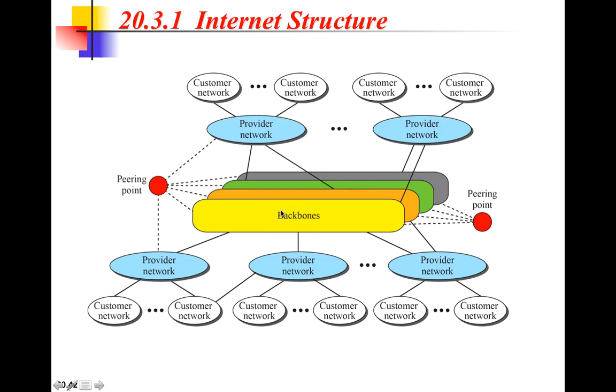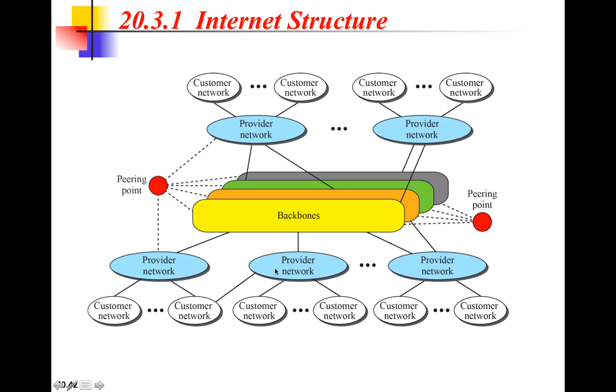On these backbones, you would have other providers relying. So you would have a provider network. This could be Vodafone, Mobile, STC, and so on and so forth. These providers actually will provide services to other networks.